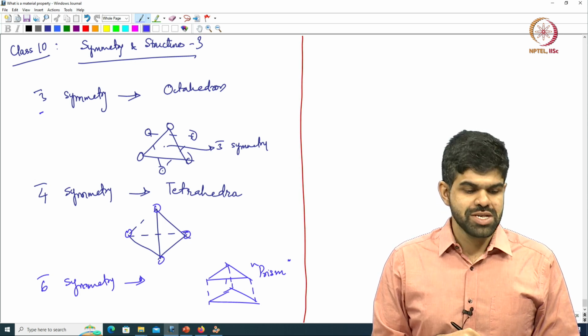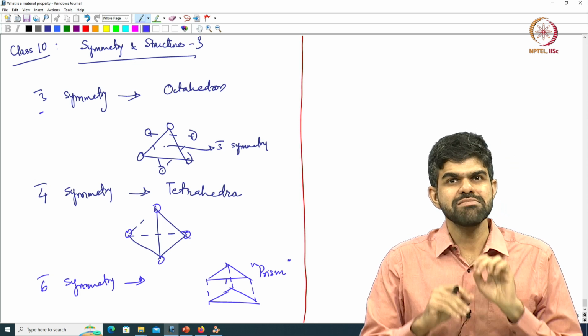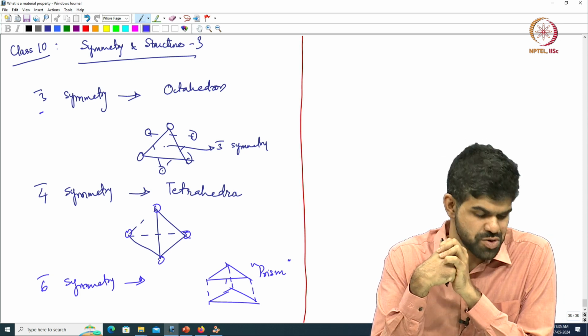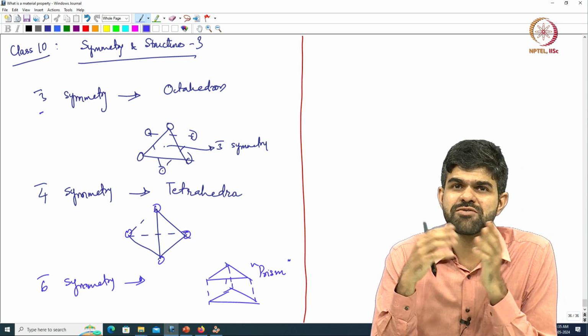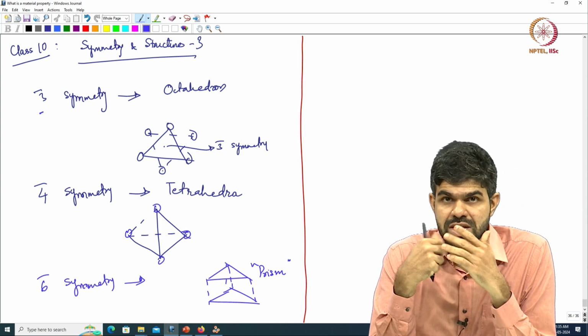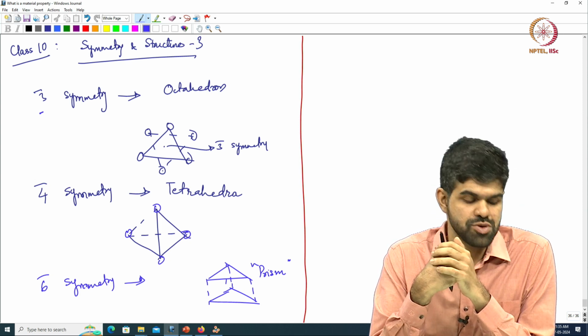Now, maybe can we have examples from real material systems that show 4 bar or 6 bar symmetry, before we even go to space groups and point groups, where we will see a lot of materials with certain point groups and certain space groups.